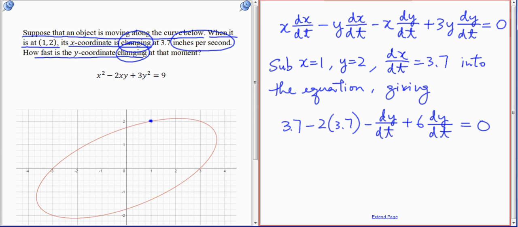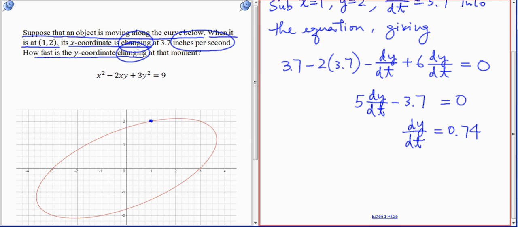And we are going to solve for dy/dt. So we have 5 dy/dt minus 3.7 equals 0. That would give us dy/dt equals 0.74. And don't forget to answer the question clearly.